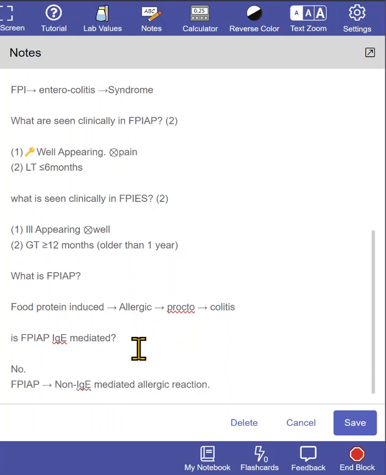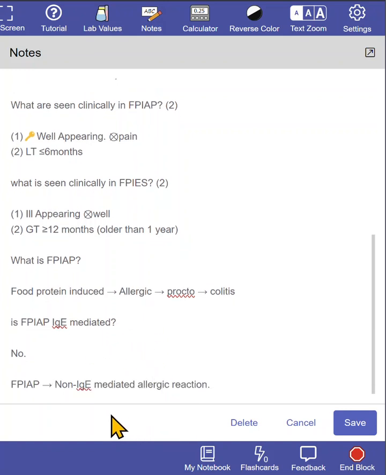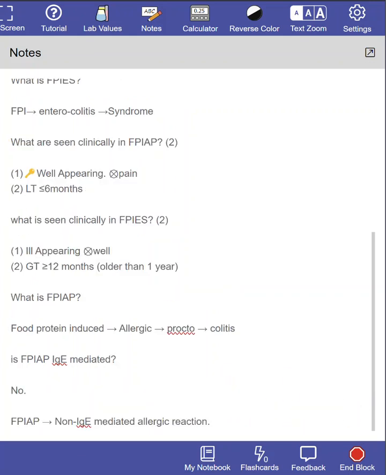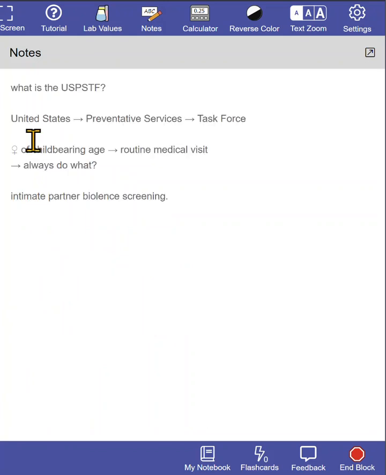FPIAP is food protein induced allergic proctocolitis, IgE immune system. FPIES is a non-IgE allergic reaction. So there's those questions. Those questions come up all the time.